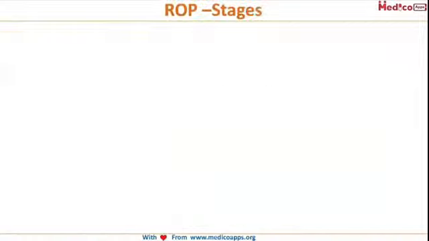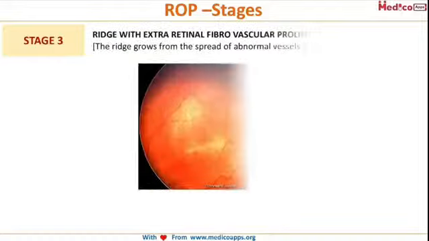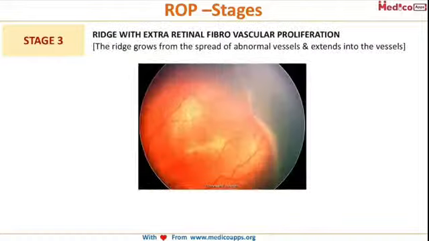And this is followed by extraretinal fibrovascular proliferation. That is stage 3. That is, the ridge grows from the spread of abnormal vessels and extends into the vitreous. As you can see in this picture, the fundus is highly vascularized. You can see so many new blood vessels all over here. That is about stage 3.